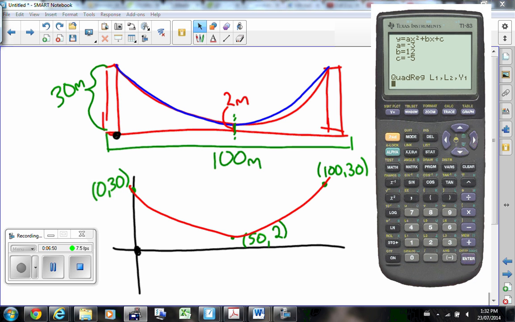So it'll paste it into Y1 when it's done. And there's my equation for me. So my C value is 30, my B value is negative 1.12, and my A value is 0.0112, which I could get as fractions if I wanted to.